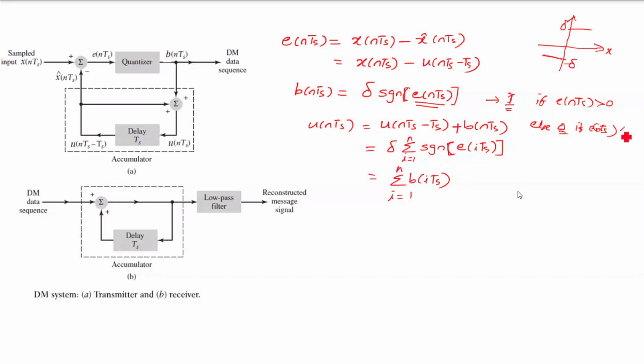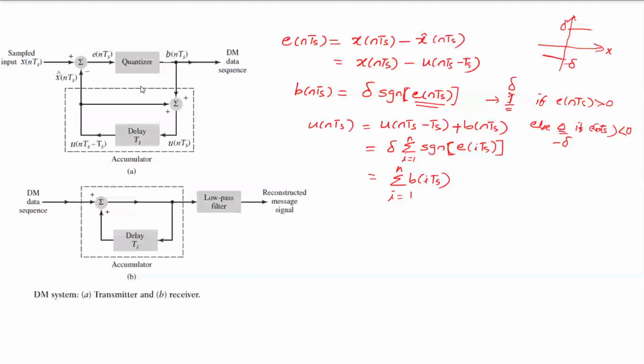Logic 0, logic 1 here. If e of n into ts is less than 0, the voltage level is minus delta, and plus delta if e of n into ts is greater than 0. Greater than 0 is as good as logic 1 with amplitude delta, and less than 0 is logic 0, as good as minus delta.